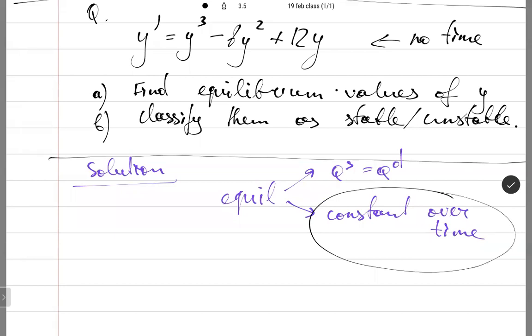That means constant over time, that does not change with t. And in that case, how can I solve for equilibrium values? So what should I do?